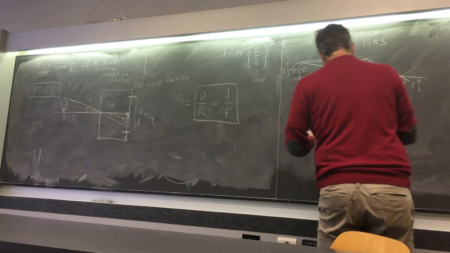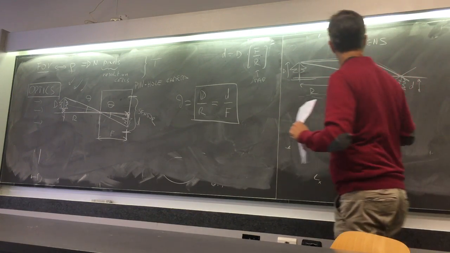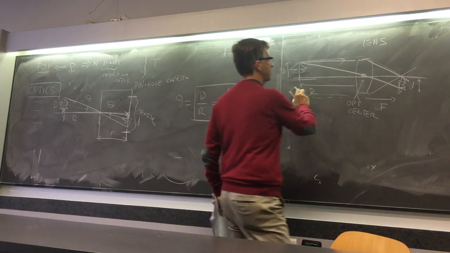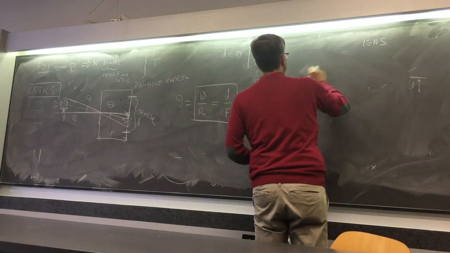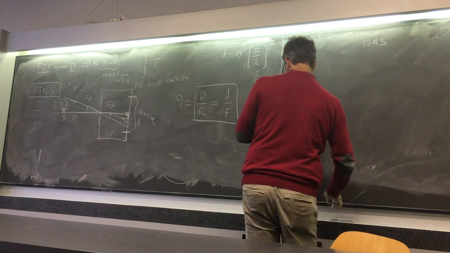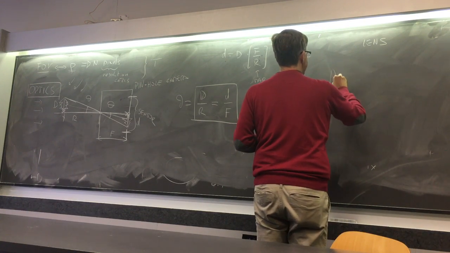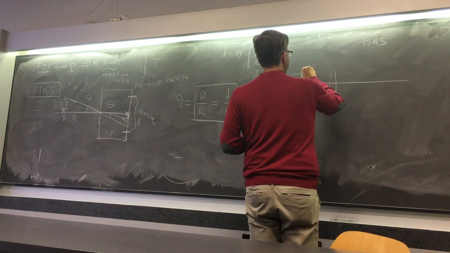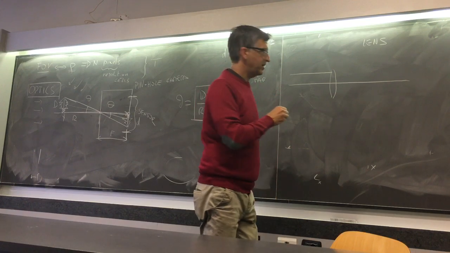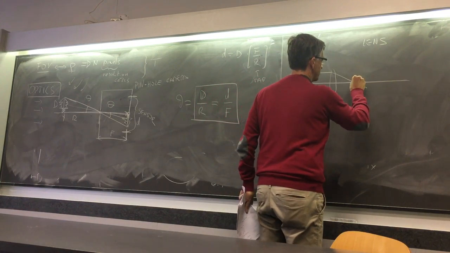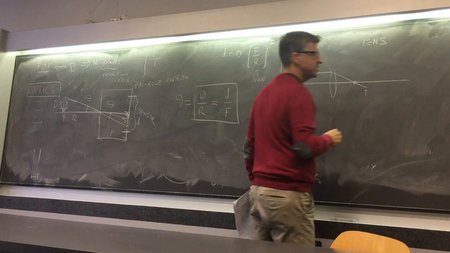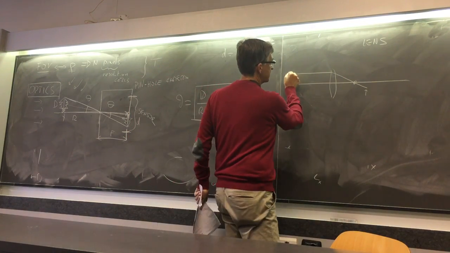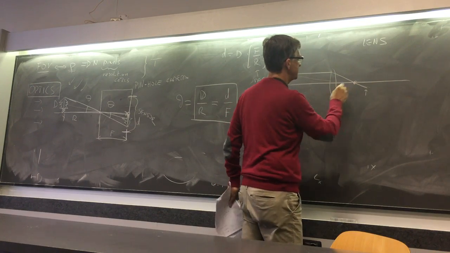You don't make the image exactly in the focus, but very close to the focus. So I want to make a second representation in which I put only the element that is important to me. Okay, this is the top of the tree. This goes to the focus, and then you make the image in this position, that is very close to the focus. Okay, that is the intersection between this and this one.